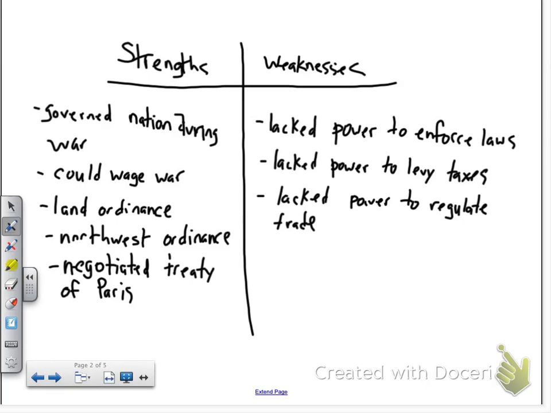Braden? They required all 13 states to approve changes in the articles. All 13 states had to approve any changes that were to be made. So that was the weaknesses.